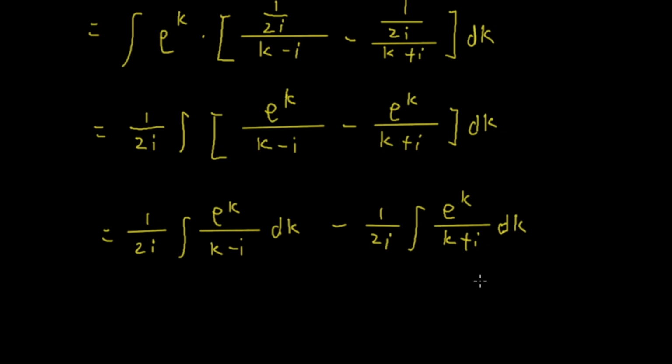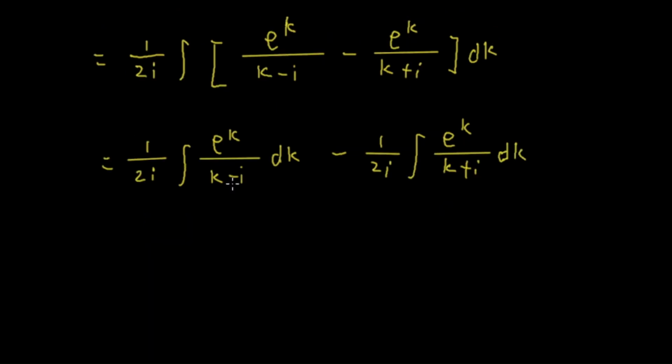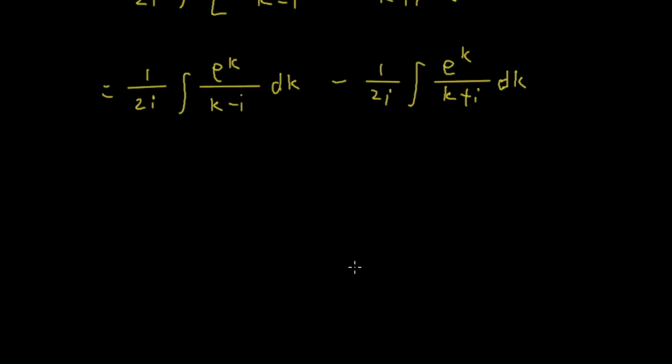Okay, now we have to evaluate these two integrals here, this one and this one. So how do we do this? Well, I guess I will use another substitution method. I already used the letter k, so let me use u this time. So let's do this one first.